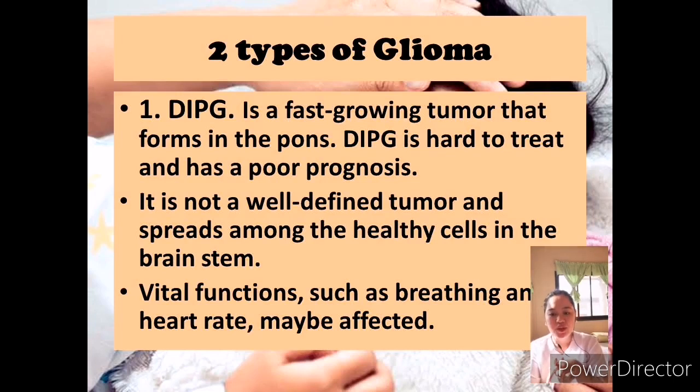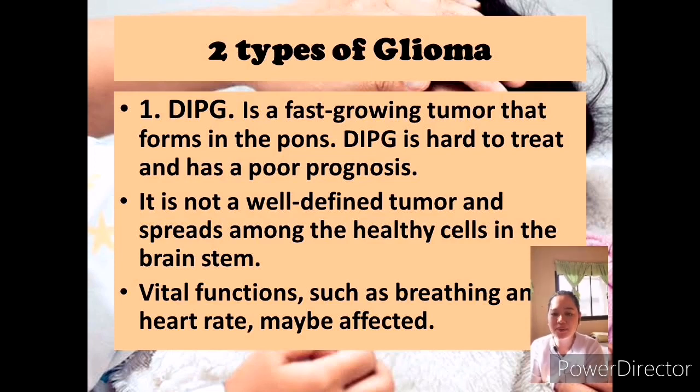But in children, we have two types of glioma. We have the DIPG, and we have also the focal brainstem glioma. The first type of glioma is the DIPG. It is a fast-growing tumor that forms in the pons. DIPG is hard to treat and has a poor prognosis. It is not a well-defined tumor and spreads among the healthy cells in the brainstem. Vital functions such as breathing and heart rate may be affected.